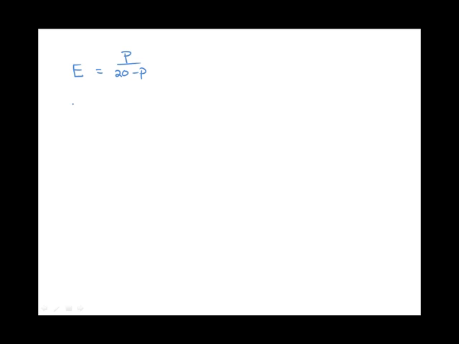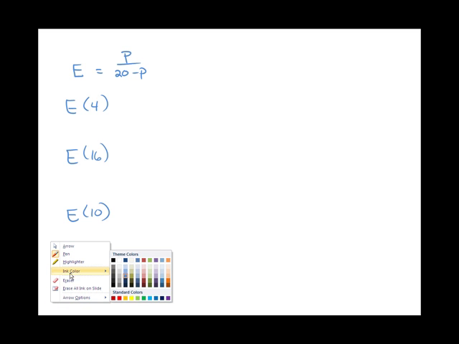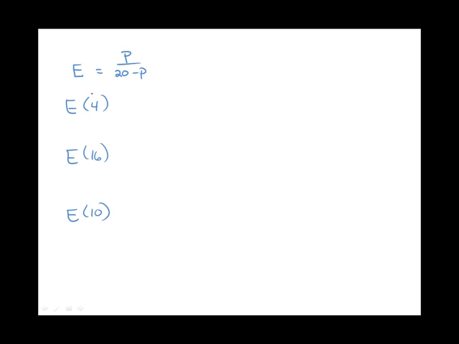Let us find three values, E of 4, E of 16, and E of 10, and interpret that. Well, first let's identify what these 4, 16, and 10 represent. This is E of P, so this is our price.